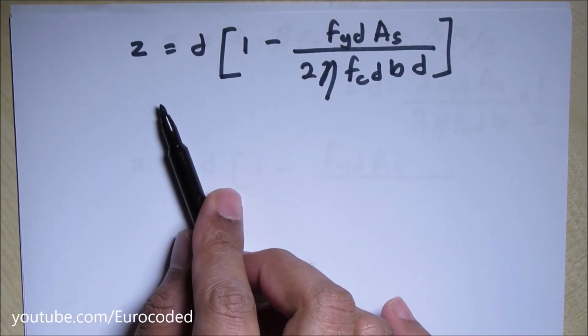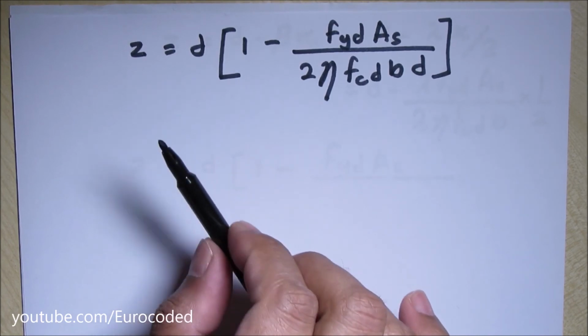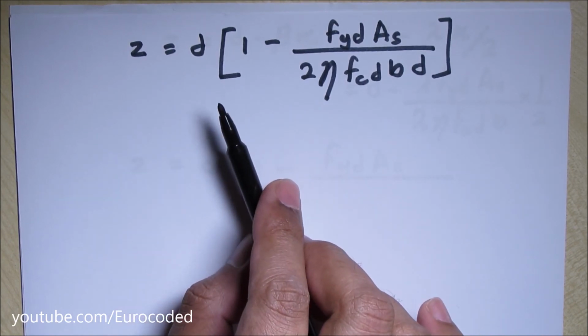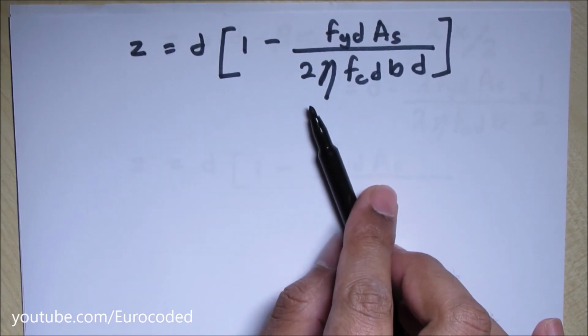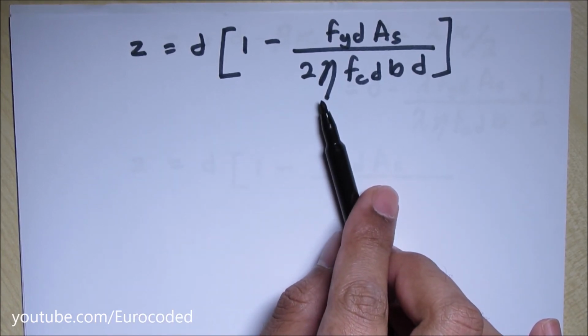So now we have finished a derivation of the equation to calculate lever arm of internal forces. Now for this to be valid, we need to make sure that the assumption we made at the beginning is correct.